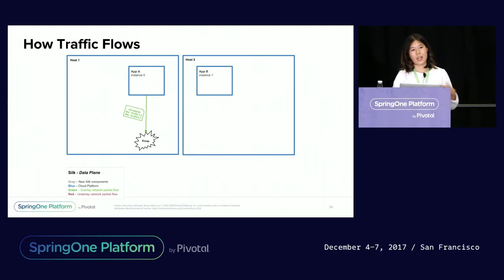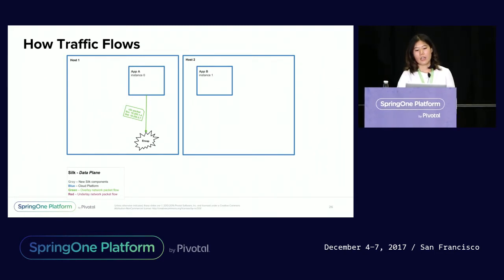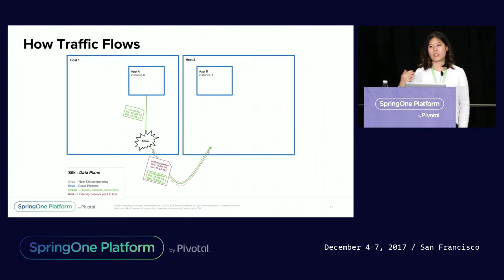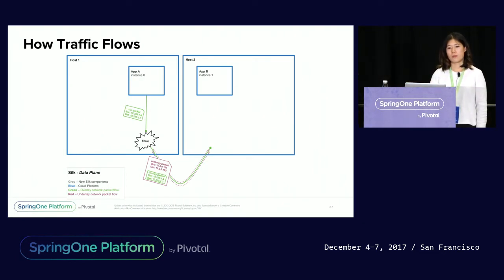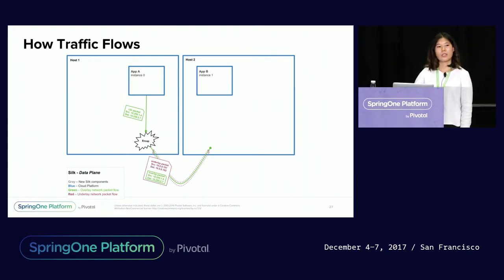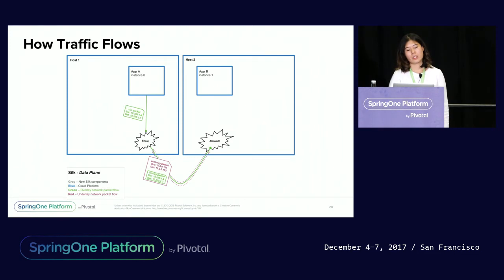We'll put the tag associated with app A into the packet header, and we'll put a new source and destination, being the source and destination of the host VMs. Then this packet can leave host 1 and will be routed to host 2, where it's de-encapsulated.